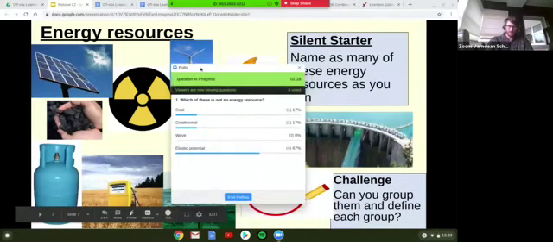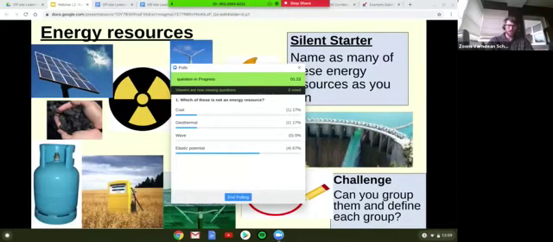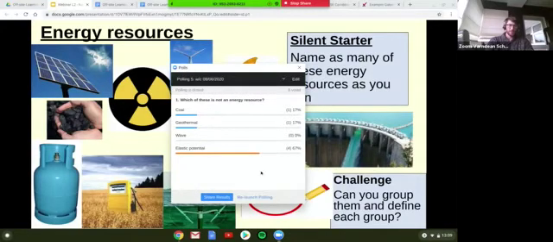Okay, good. Really, really good. The majority of us obviously went for elastic potential, which is the correct answer. Fantastic stuff. A couple of us get mixed up with coal and geothermal. As I was saying before, coal is an energy resource. We use that to generate electricity in some cases, or even just to keep our homes warm.